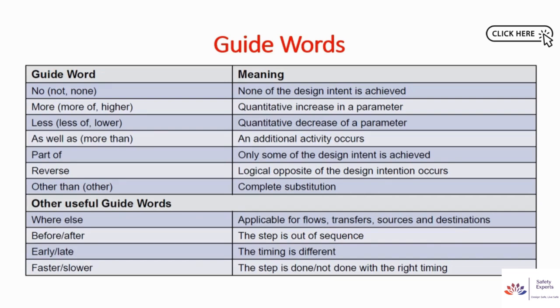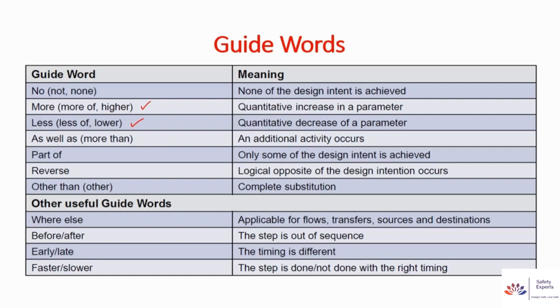There are other useful guide words also, like where else, before, after, early, faster, etc. Okay. Now, for example, we have more. So we will add it to any parameter like flow. So more flow or more pressure, more temperature, or less flow, less temperature, like that.